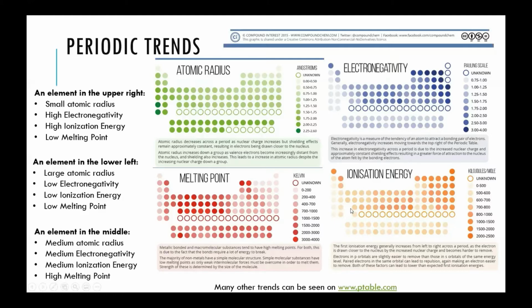Ionization energy is similar. Melting point seems to have, in the transition metals, a high melting point versus lower melting points towards the end. And it's these types of trends in the periodic table that this experiment is looking at, but not these direct measurements, but solubility.